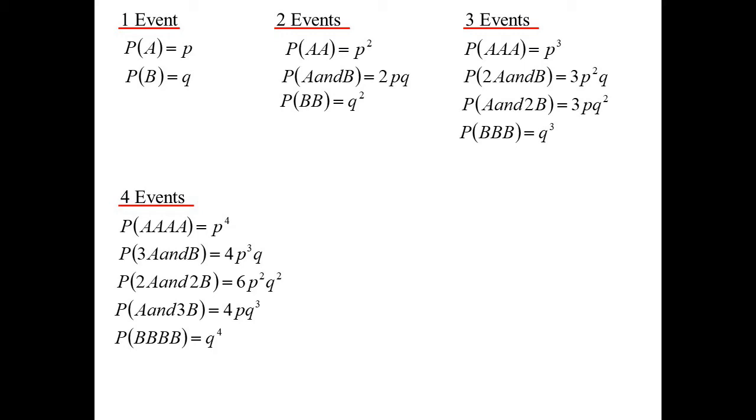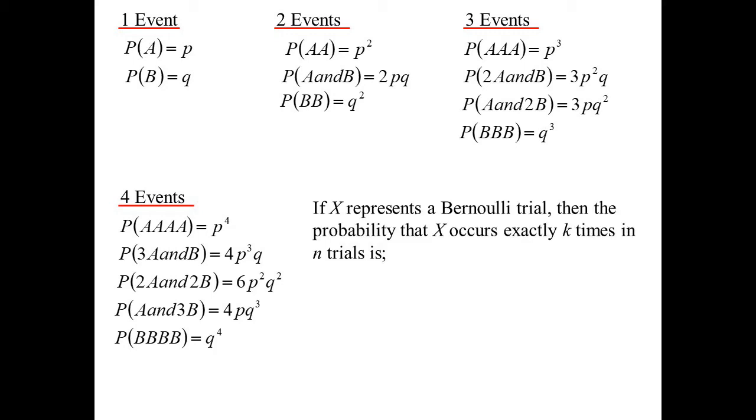What we've actually created is our binomial expansion, back from when we were looking at the binomial theorem. If X is a Bernoulli trial, so something that has only two possible outcomes, then the probability that X occurs exactly K times in N trials turns out to be the general term in a binomial expansion.